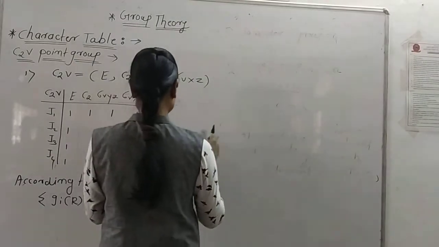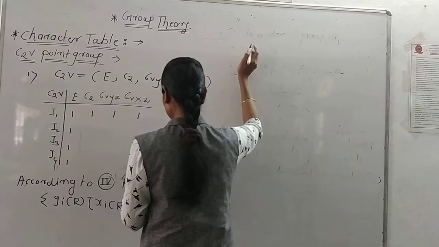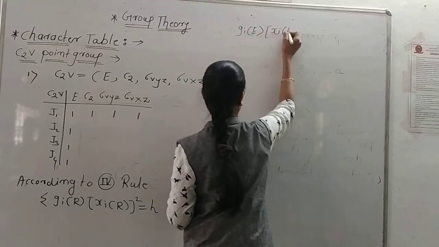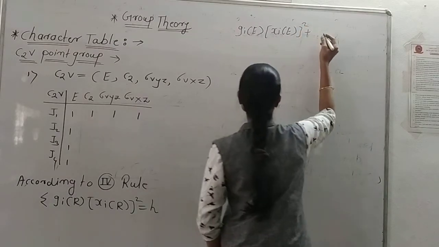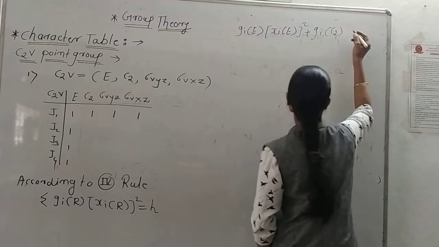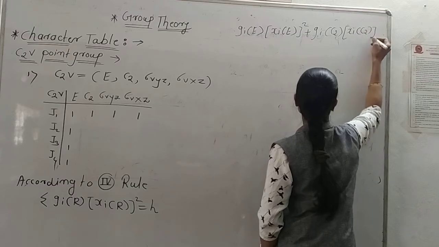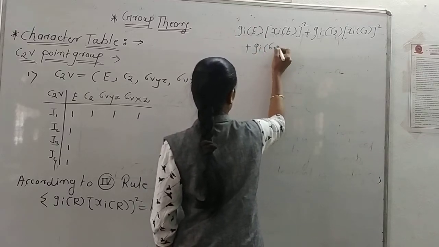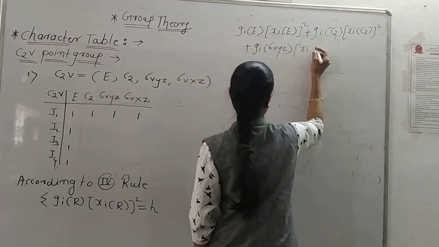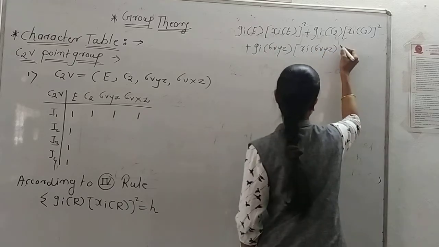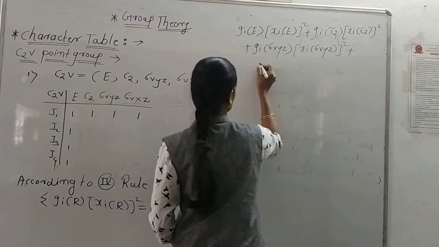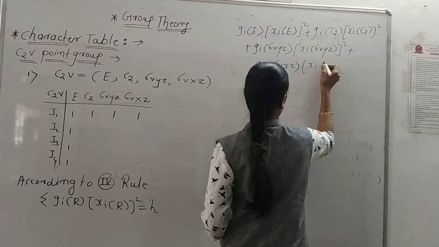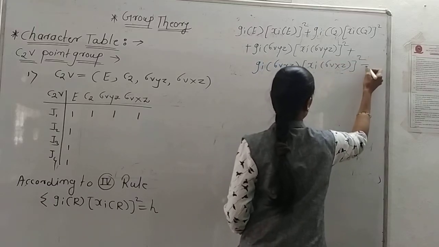Okay, now see. The first reducible representation is identity, so it becomes Gi E in bracket character of E square, plus Gi of C2 in bracket character of C2 square, plus Gi sigma v yz in bracket character of sigma v yz square, plus Gi sigma v xz in bracket character of sigma v xz square is equal to h.